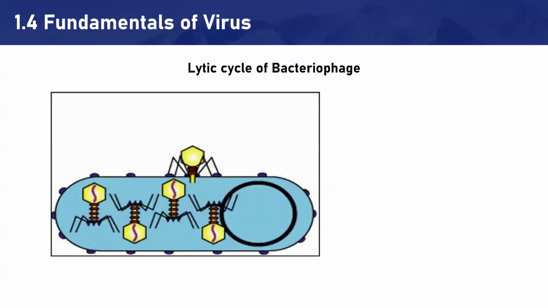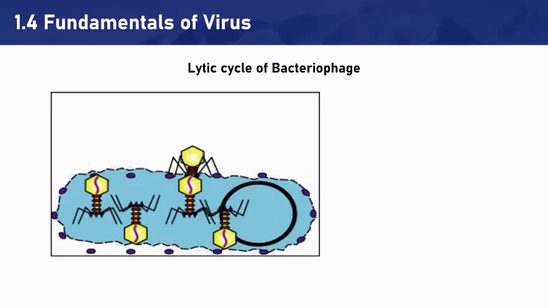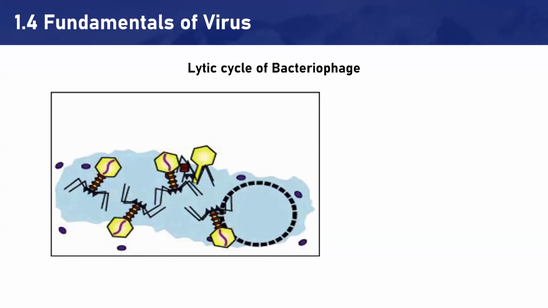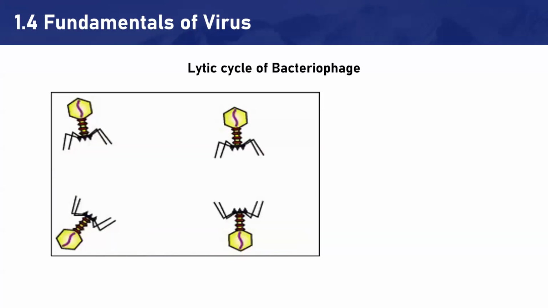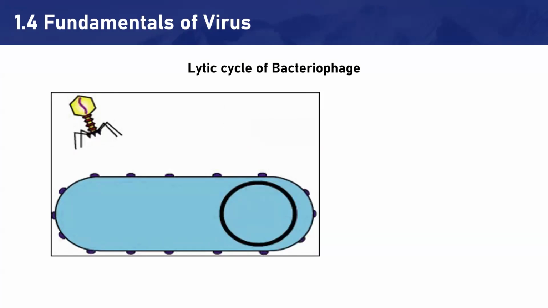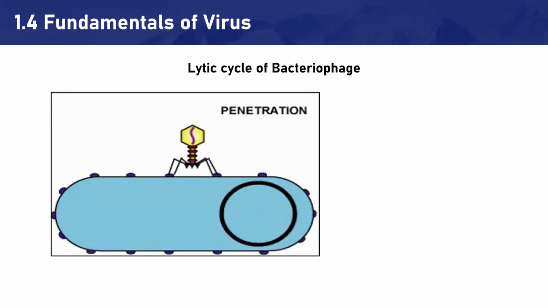So adsorption is very important. If the bacteriophage cannot adsorb to the surface of the bacteria, it cannot kill the bacteria. So which factors are the most important for the adsorption of the bacteriophage to the bacteria? These are the protein in the tail of the bacteriophage and the receptor on the surface of the bacteria.